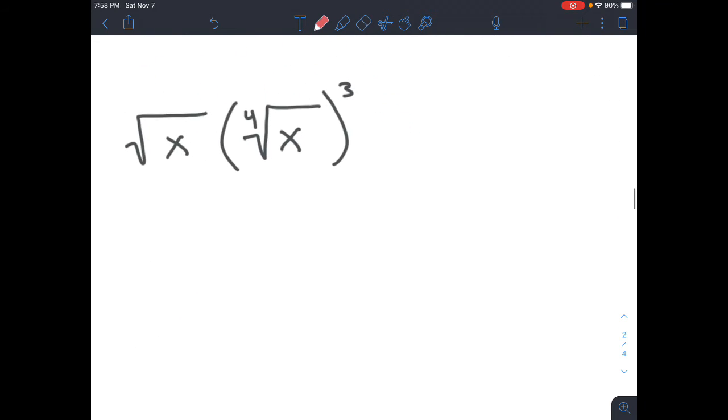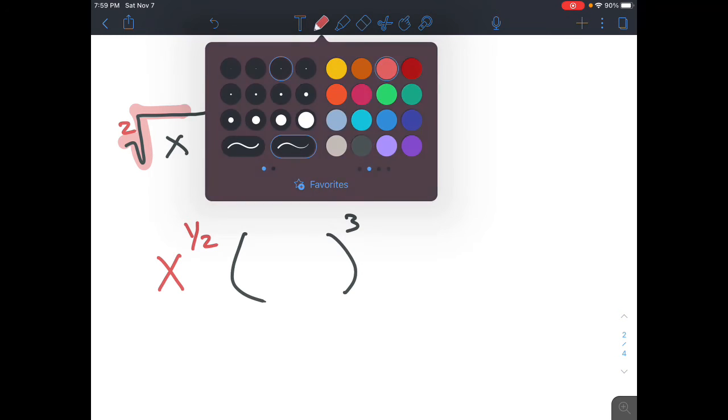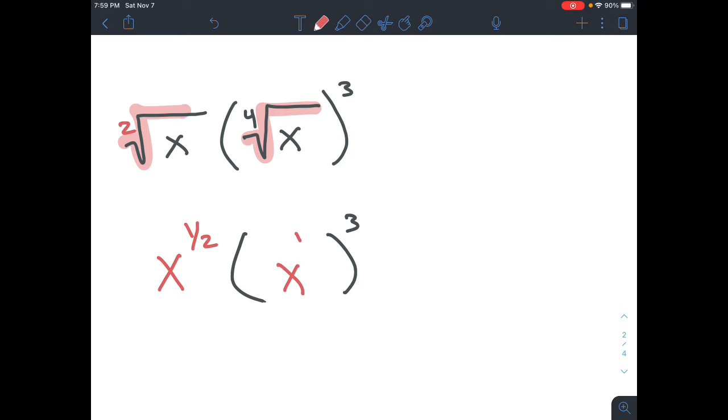If they give you a problem that's in roots and they ask you to rewrite it with rational exponents, you are going to start by changing every root into the fractional exponent. So this would be x to the 1/2, because this is a square root, times x to the 1/4, because this is a 4th root.